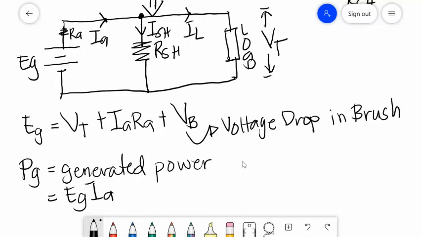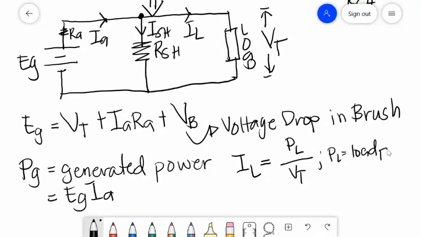And you can solve IL, since IL is given, it is equal to PL all over VT. PL is the load power.